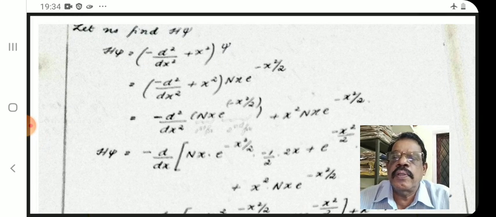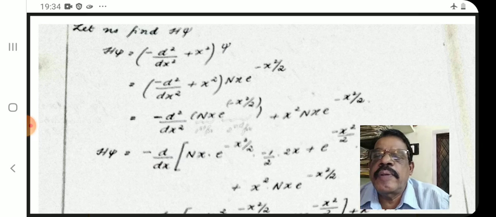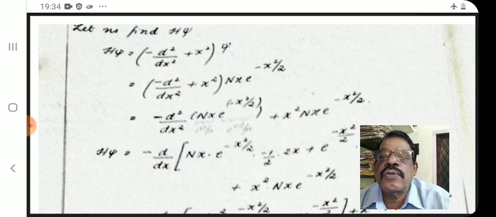You have to read carefully. Let us find H psi. H psi is equal to minus d square by dx square plus x square. This is not the normal H. Here the potential function is taken as x square, not as V. Therefore, we get minus d square by dx square plus x square, giving the function nx e raised to minus x square by 2.